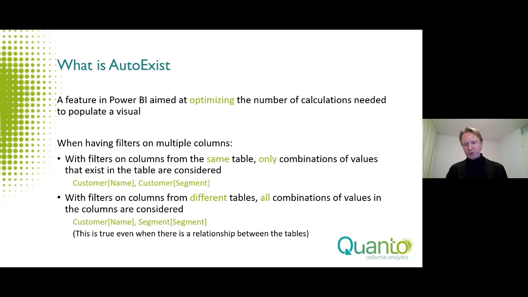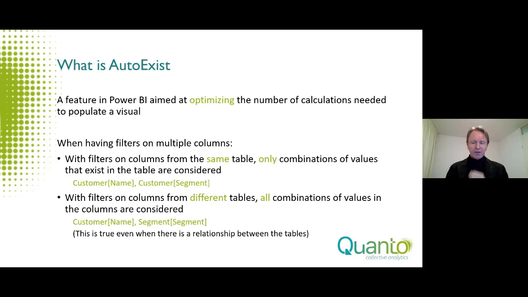So if you have moved your segment information to a different table, and Nike is still a customer, and enterprise is still a segment, and you may even have a relationship between the customer table and your segment table, then even when Nike is connected to that enterprise segment, still Power BI would also evaluate Nike in combination with small business if your filter on the segment table selects small business as well.